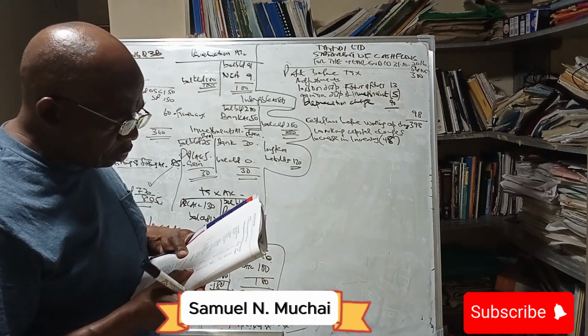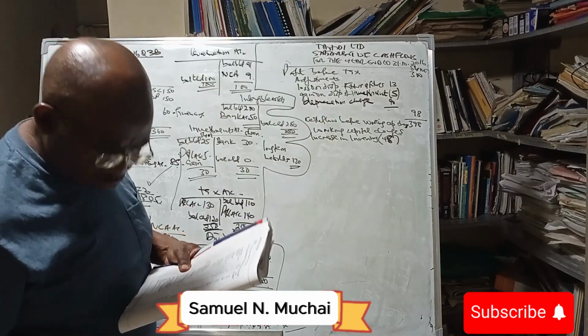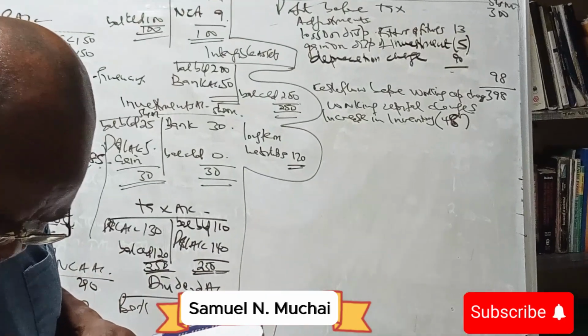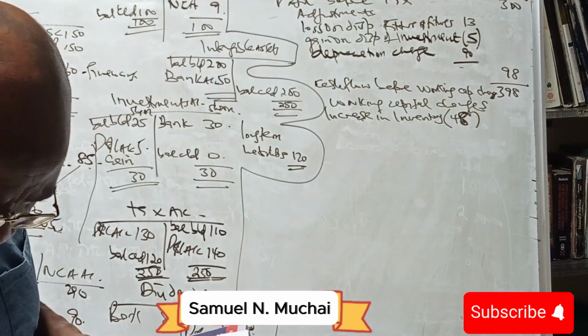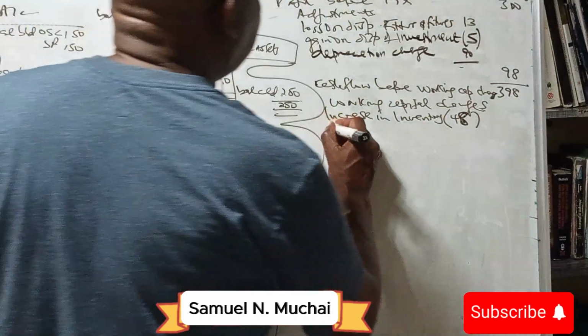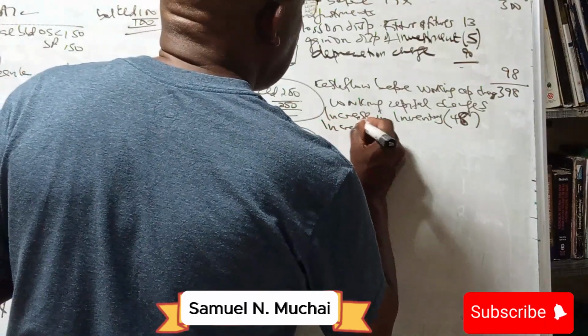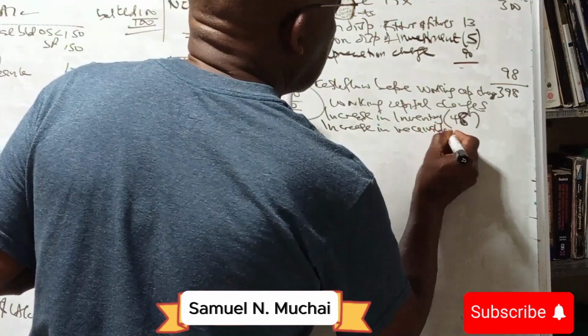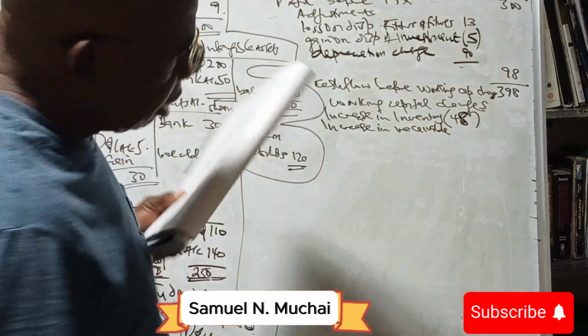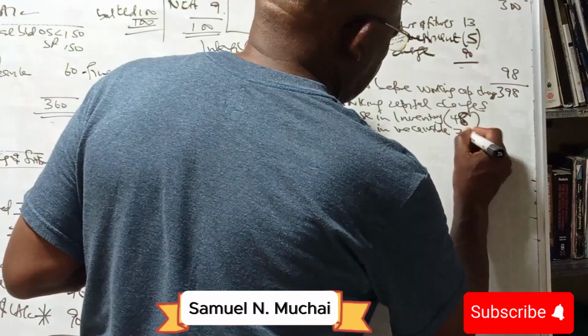Then receivables moved from 315 to 390, giving us an increase of 75.